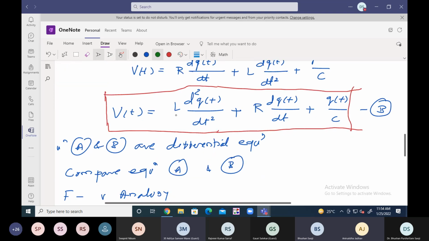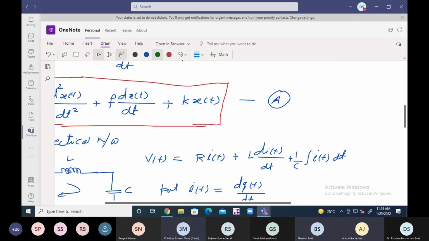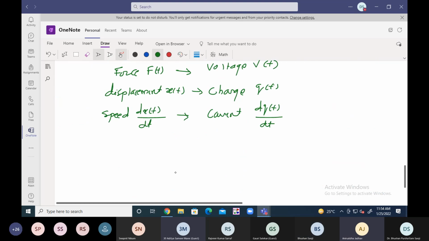If we compare these two, the mass is nothing but the inductance in the electrical circuit. Mass M corresponds to inductance L.